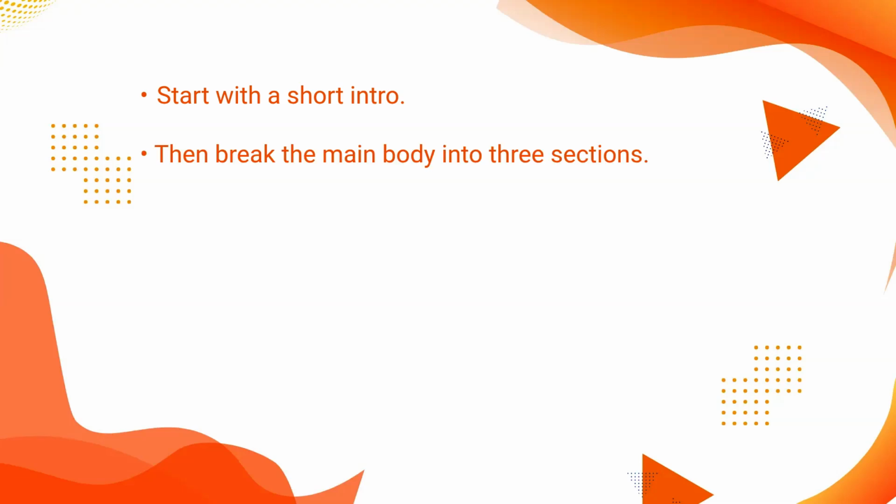Next up is planning your answer. Start with a short intro, just a sentence or 2. Explain why supporting retention is so essential for the organization's performance and employee well-being, and link it back to the scenario. Then, break the main body into 3 sections, 1 for each people practice role. Spend about the same amount of time on each.